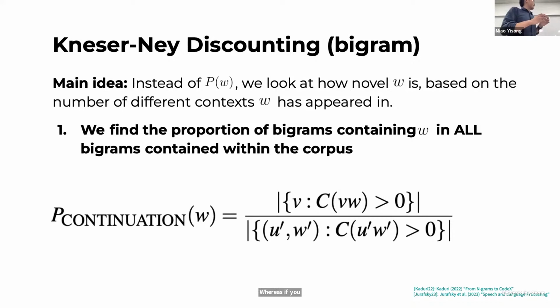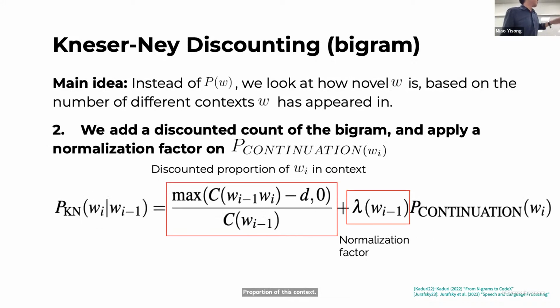So it will be given a high probability in Kneser-Ney discounting, as compared to Kong for the context Hong. This algorithm works based on the proportion of contexts of this word, and basically the idea is that we want to find how unique this particular word is given the context.